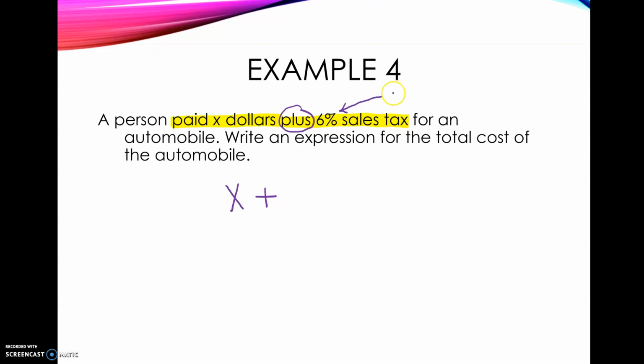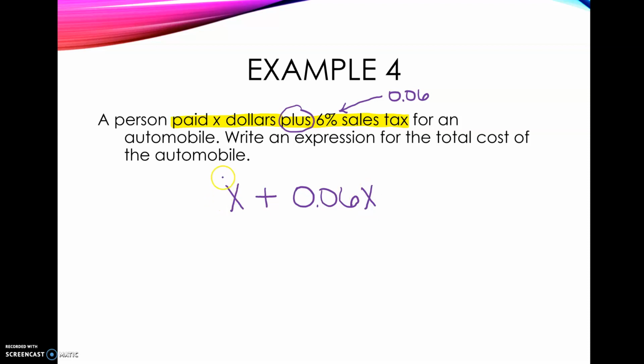What is 6% as a decimal? 0.06. But it's not just 0.06, because if we buy something that's $10, 6% of that would be 60 cents. But if we buy a $1,000 vehicle, the sales tax is going to be a little bit more than 60 cents. So we need to multiply that 0.06 times the cost of the vehicle.